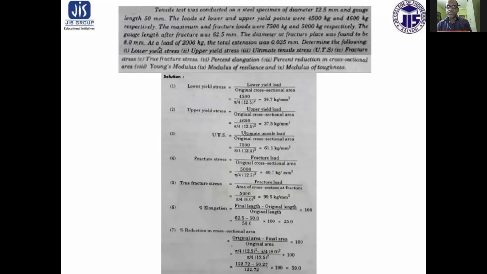Fracture stress is the fracture load by original cross sectional area, that is 5000 divided by pi by 4 into 12.5 square, that is 40.7 kg per millimeter square. So these are all engineering stresses.